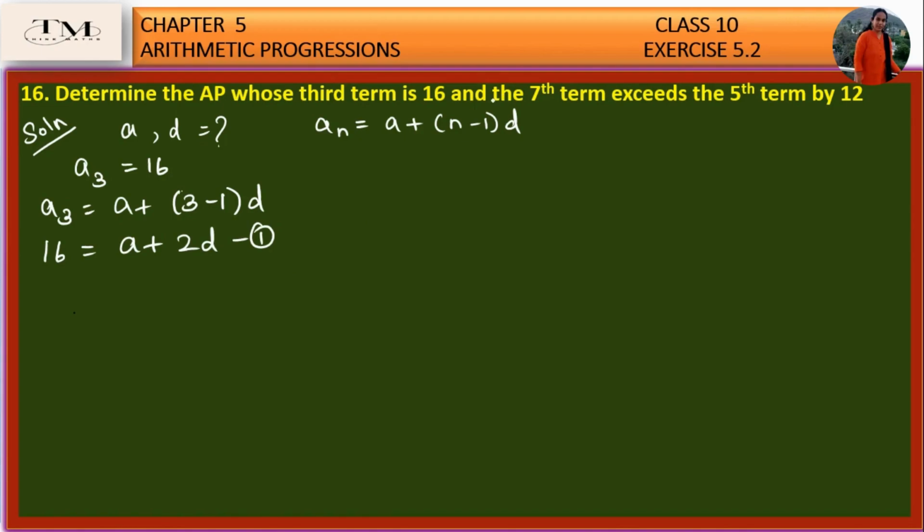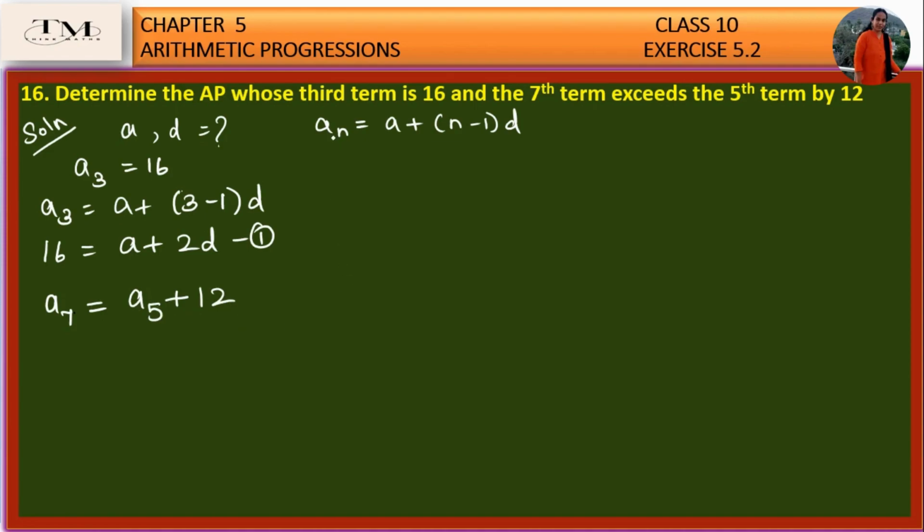What is the next condition? The seventh term, a7, exceeds the fifth term, a5, by 12. Exceeds means more than. So a7 is 12 more than a5, that is, a5 plus 12.